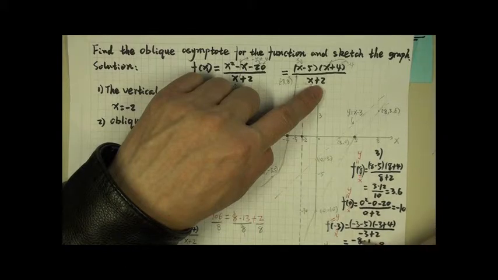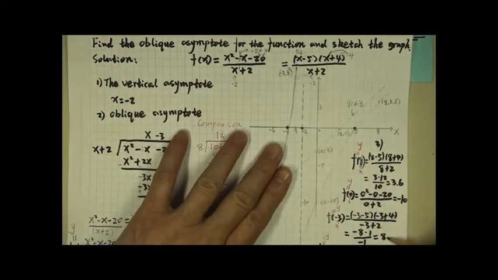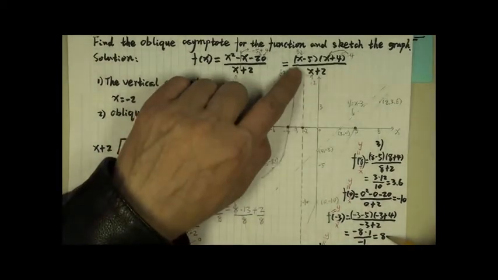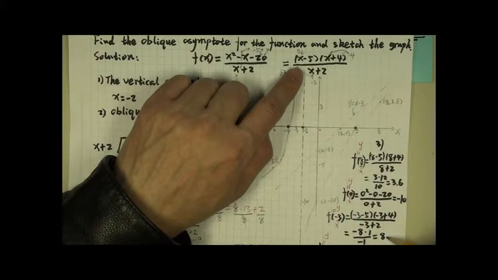So 1 times -8, downstairs is -1. So you have 8. Okay. Now -3, positive 8.